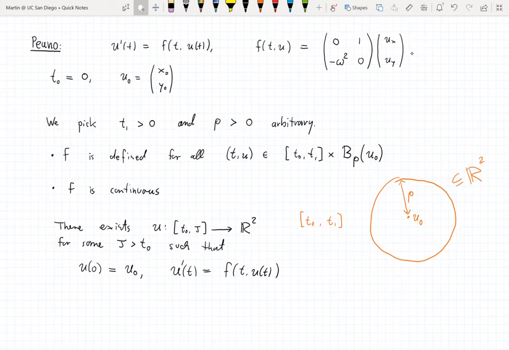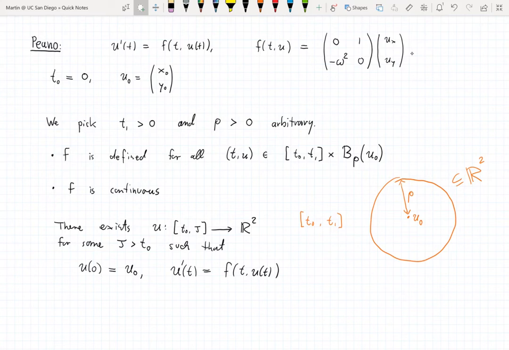So in particular, just formally, we check that f is defined for all pairs of times t and vectors u, where t is taken from the interval that goes from t0 up to t1, and u is taken from the ball of radius rho around the vector u0. I've made a small picture of that ball here. And we also check that f is continuous, which certainly is the case, since every entry of the output vector of f is continuous.